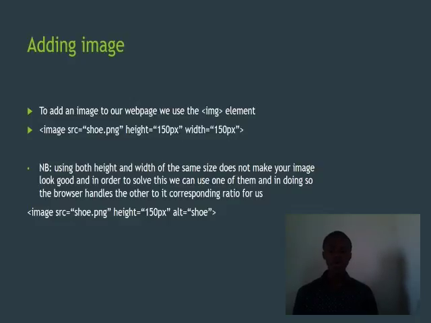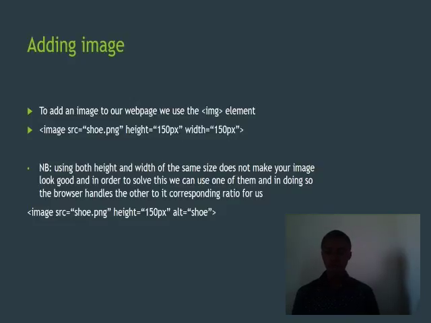Now, if you really want your image to be structured very well, just pass either height or width. Don't pass both, because the ratio of height to width may not be equal. But when you specify only height, the browser will automatically handle the corresponding ratio for you.